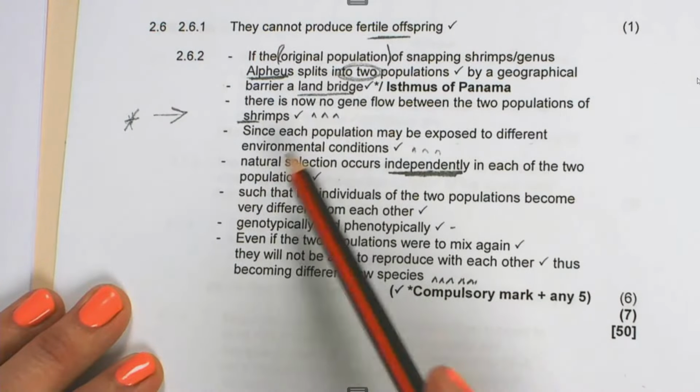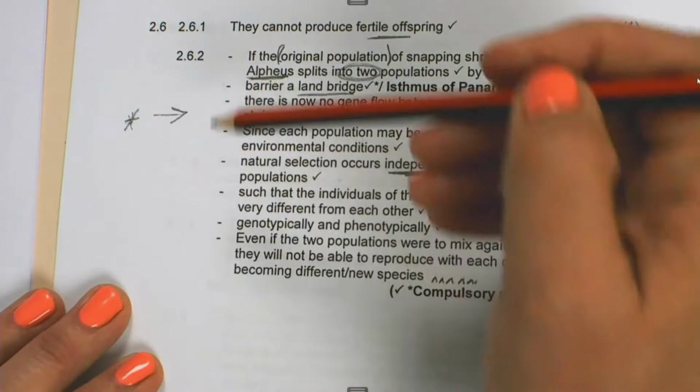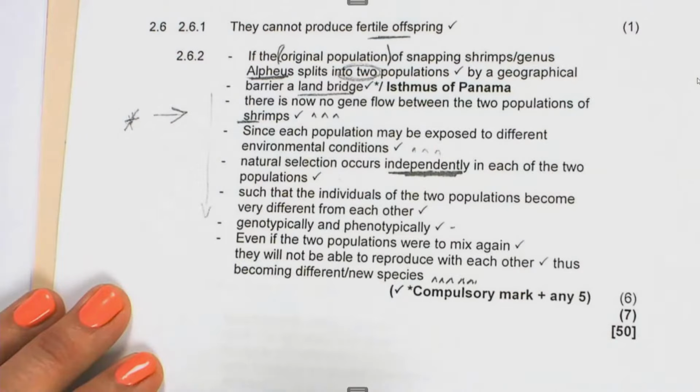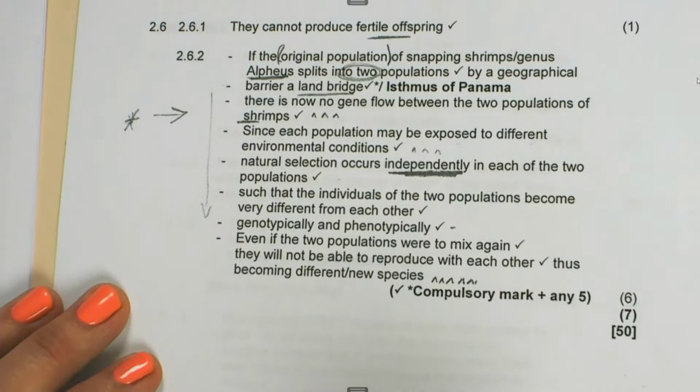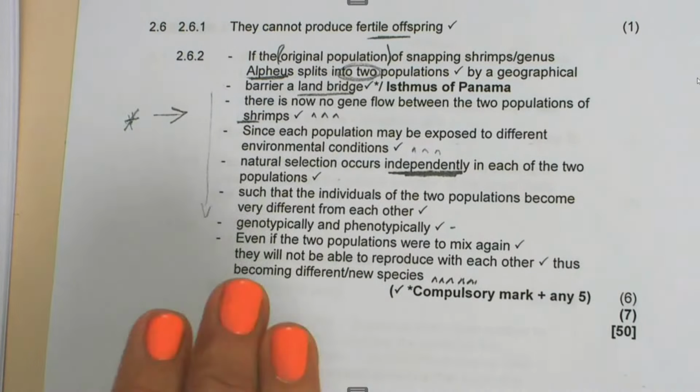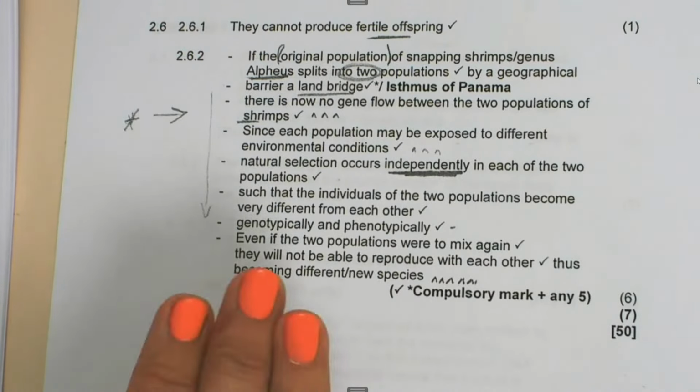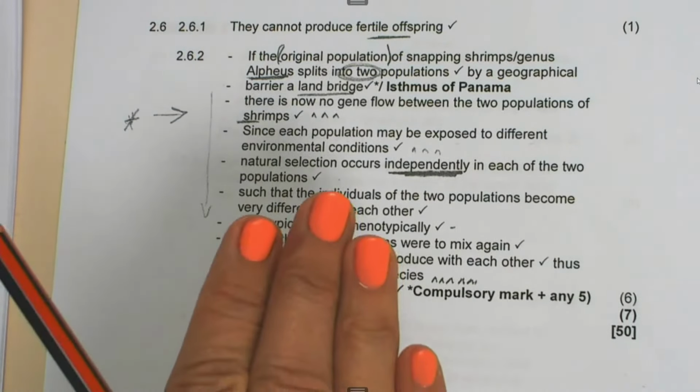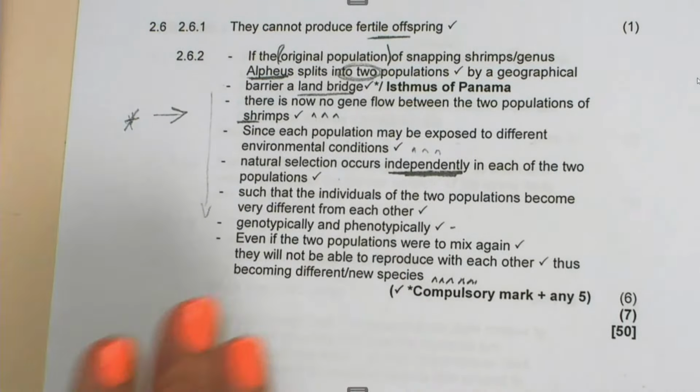Then there was no gene flow between them, and the sequence must be like this, as stipulated in the exam guidelines. But as I said before, the trend that they are moving in, as I picked up in June, is more to come and put the example in your answer.